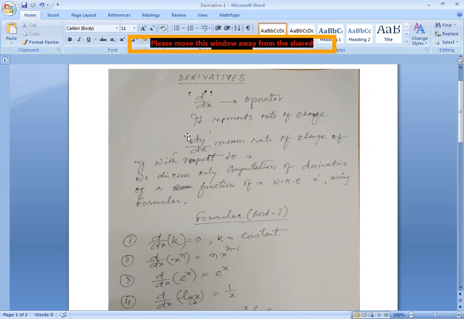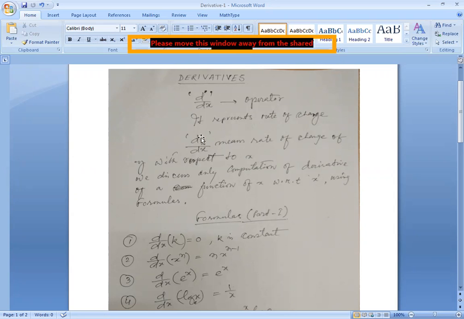That result is given by this operator. So y is called the dependent variable and x is called the independent variable, and y is a function of x. dy/dx means differentiation of y with respect to x, or derivative of y with respect to x.